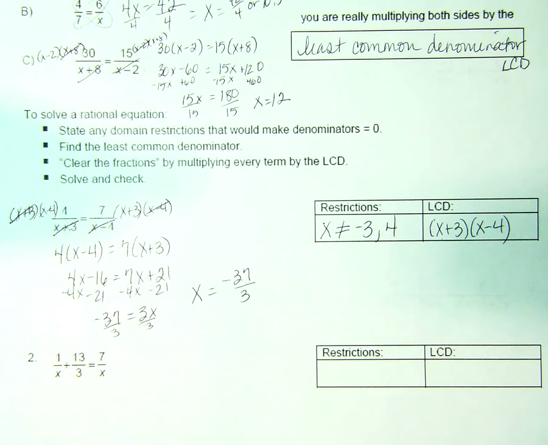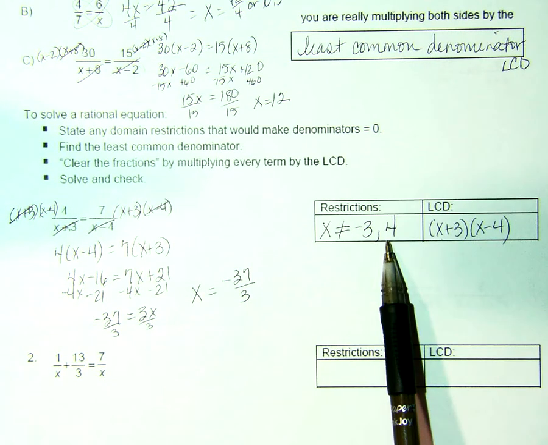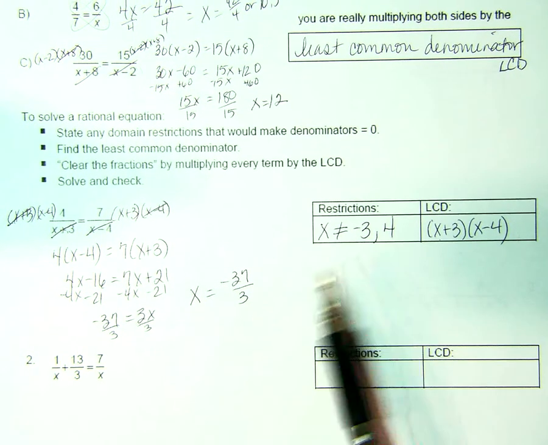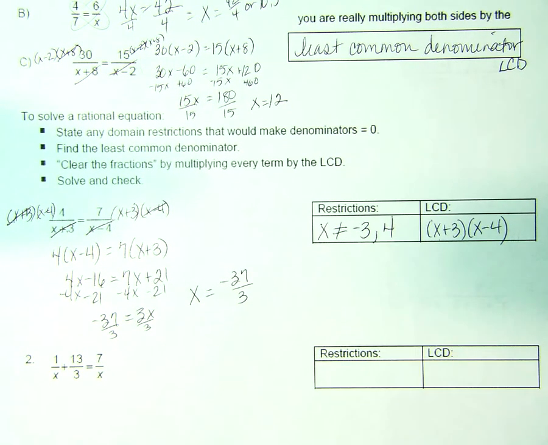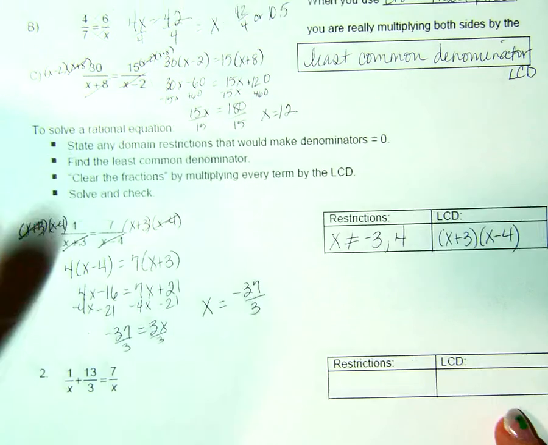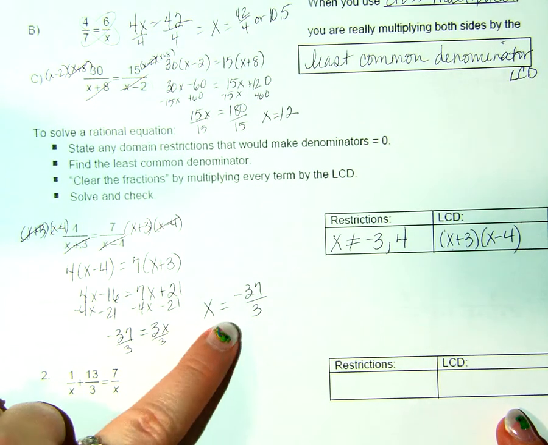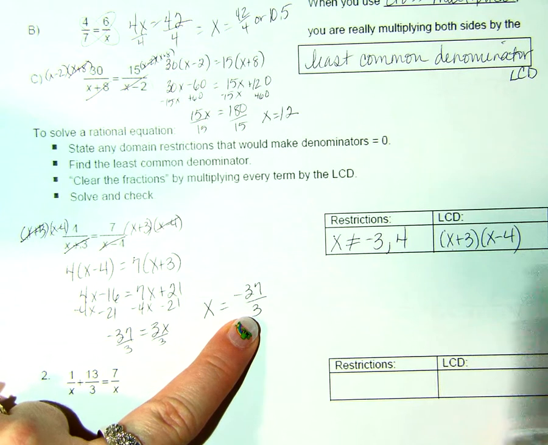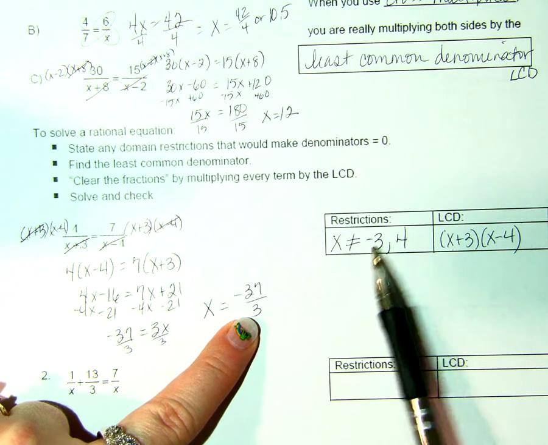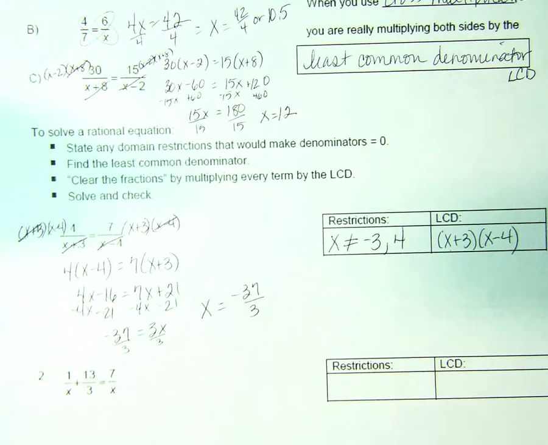Is that allowed to be my answer? How do you know yes? It's not one of my restrictions. Does that make sense? We could actually do all the work and get something like x equals negative 3. And guess what happens then? That's not allowed, right? So we'll talk when we get there.